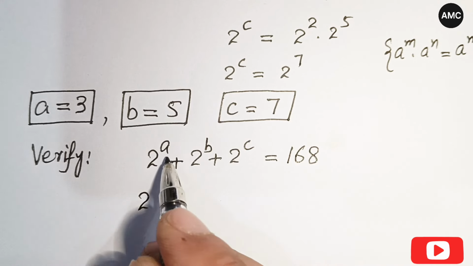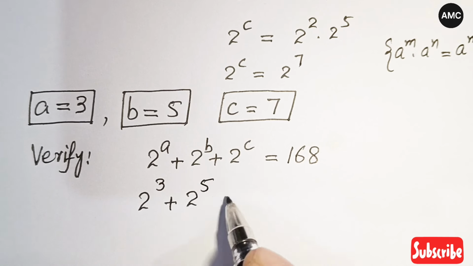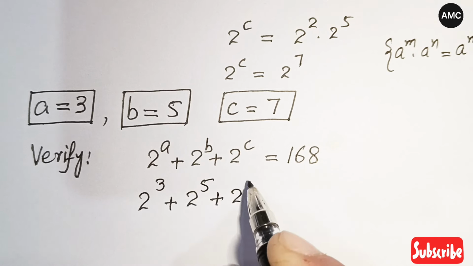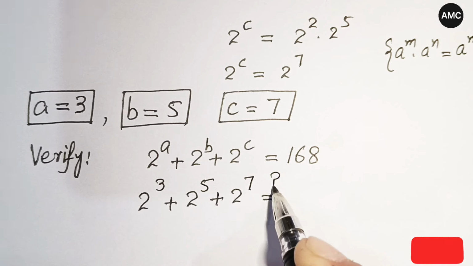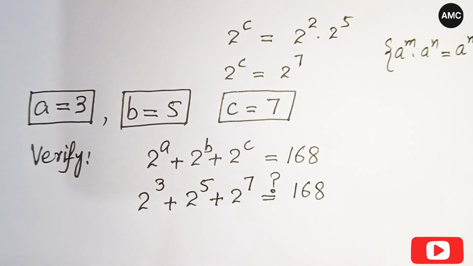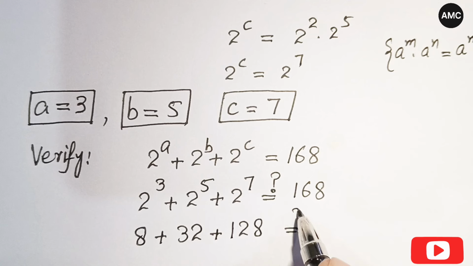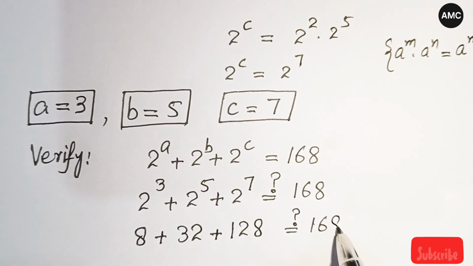Now a is equal to 3, b is equal to 5, c is equal to 7. Is it equal to 168? Now 2 cubed is equal to 8 plus 2 to the power 5 is equal to 32 plus 2 to the power 7 is equal to 128. Is it equal to 168?